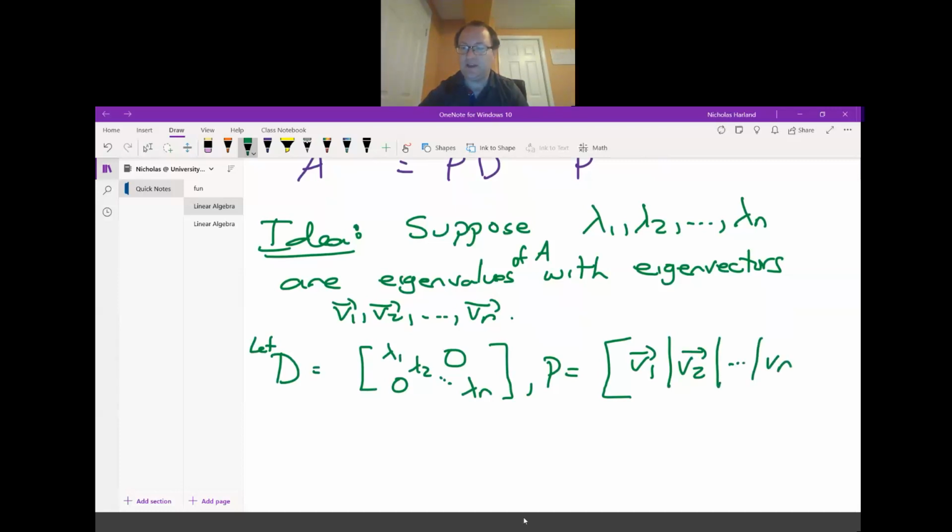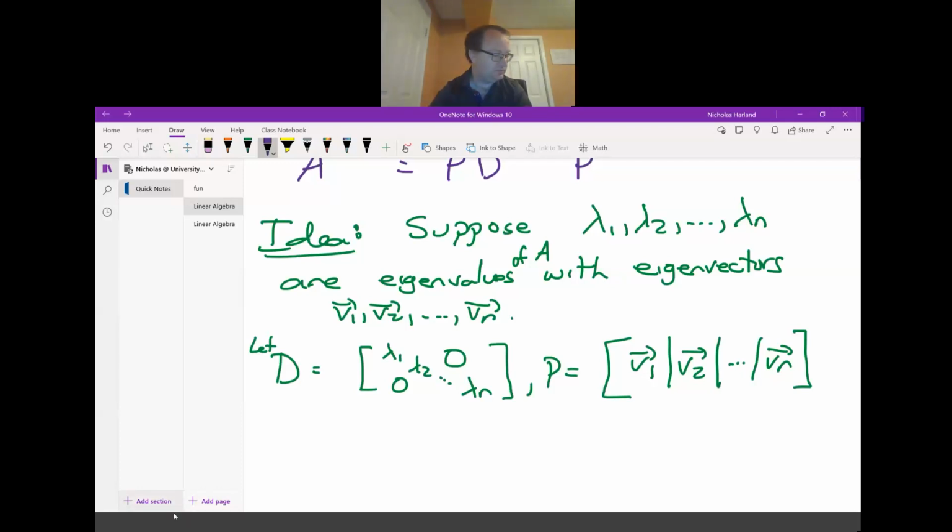We're going to take advantage of some multiplication rules that would come from how we multiply matrices and how diagonal matrices just work so nicely when we're trying to work with them as well.